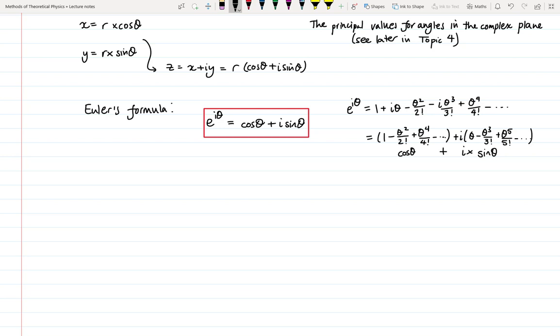We can now apply this relationship to our expression above for z in terms of r and theta. So hence we can write z equals r times e to the i theta.